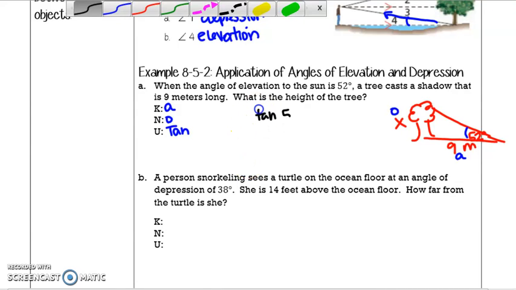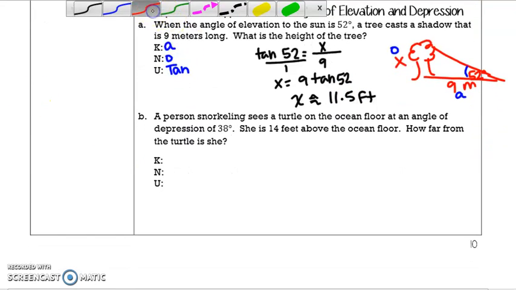Tangent 52 is equal to O over A. We're going to multiply, because we're doing cross multiplication in a sense, right? So x is equal to 9 times tangent 52. Make sure you're in degree mode. And x is approximately 11.5 feet tall.